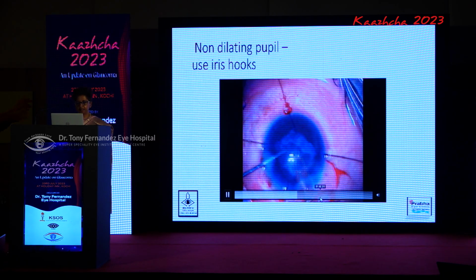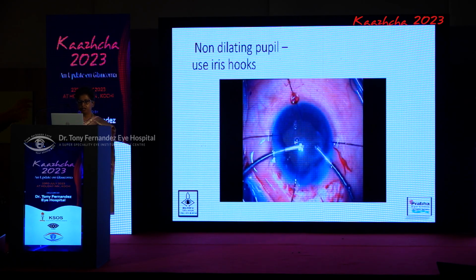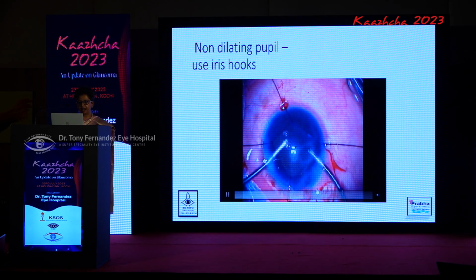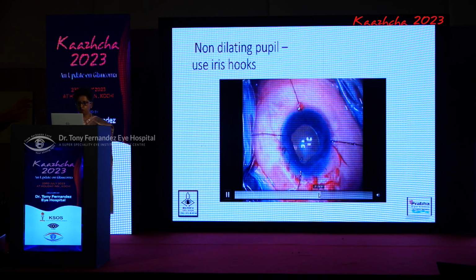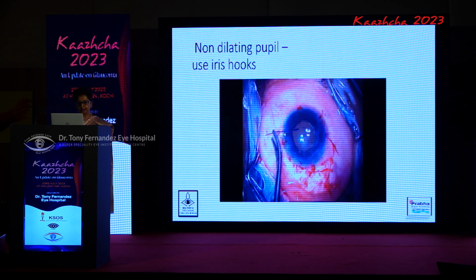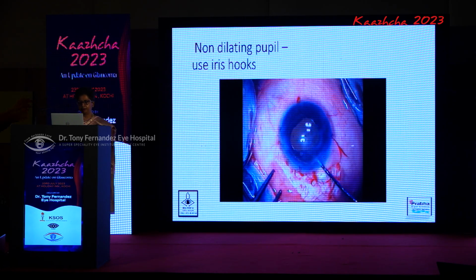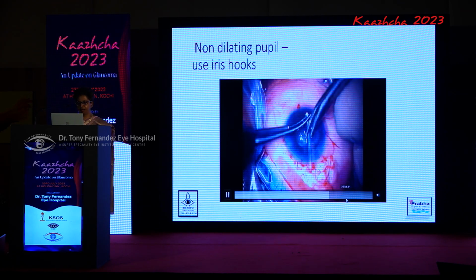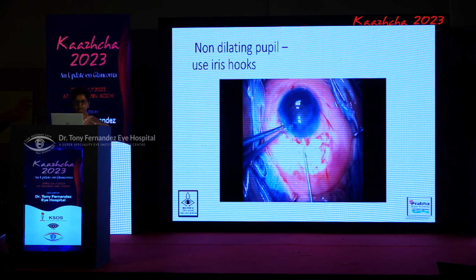In such patients with shallow ACs, many times you will find that the zonules are weak. So in this particular case, after the cataract is removed, I find that the zonule is weak. So here I did place a CTR to make sure that the bag remains stable. And in this patient, when I'm putting the valve, as I was telling in the discussion earlier, I place the valve in the sulcus.